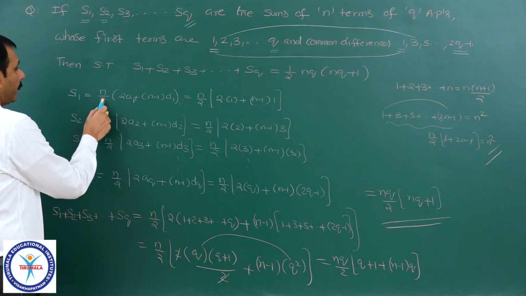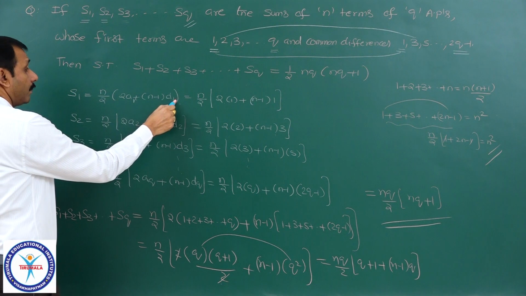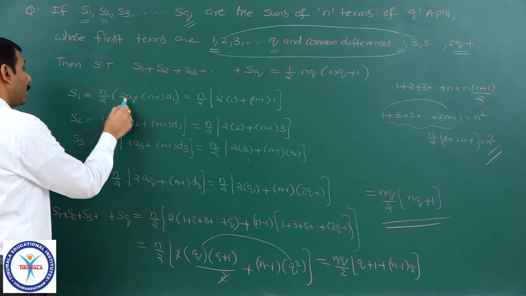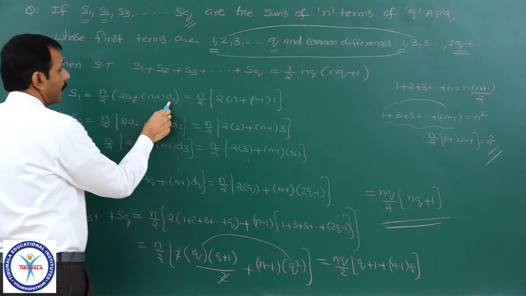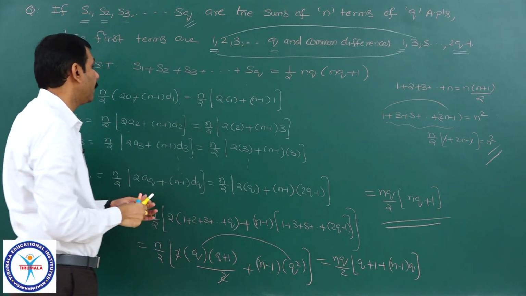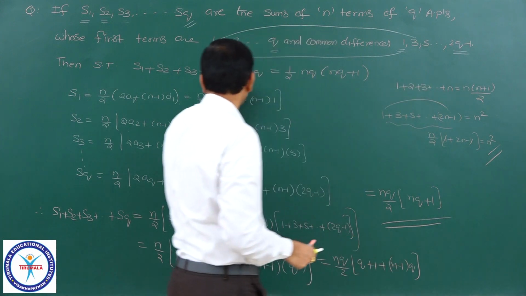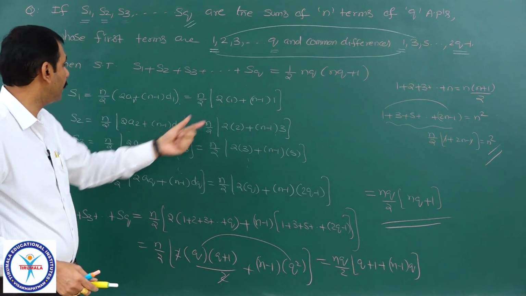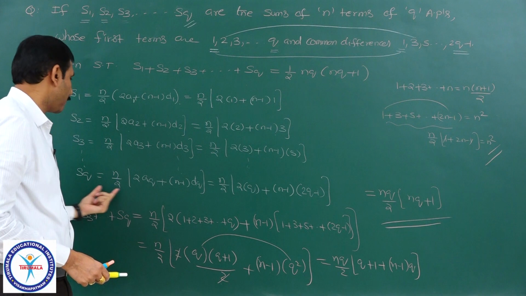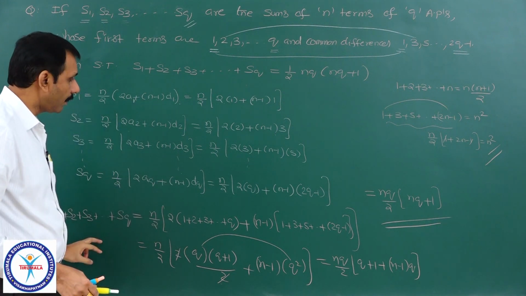S1 I have written as n by 2 into 2a1 plus n minus 1 into d1, where a1 is the first term of the first AP, d1 is the common difference of the first AP. These are the first terms and these are the common differences I have taken for the first AP, second AP, third AP and so on, qth AP, and take the addition of all these.